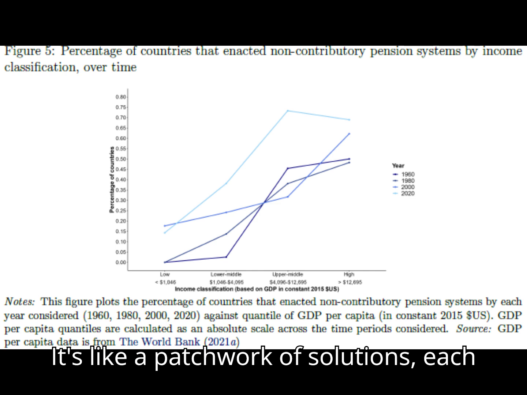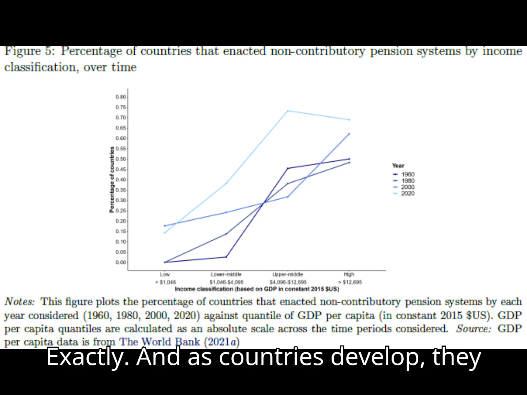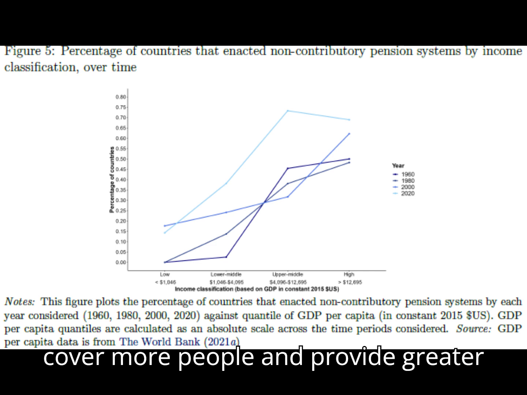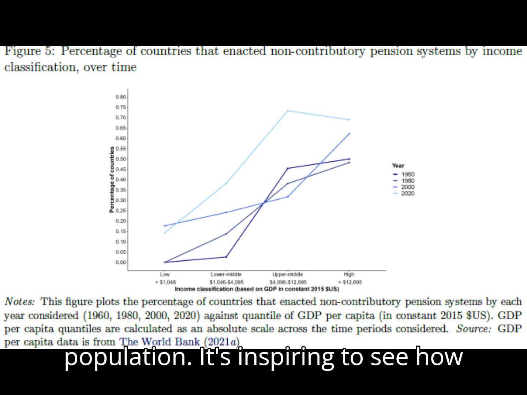It's like a patchwork of solutions, each tailored to the specific context. Exactly. And as countries develop, they often expand their pension systems to cover more people and provide greater benefits. It's a dynamic process that reflects the evolving needs of the population.